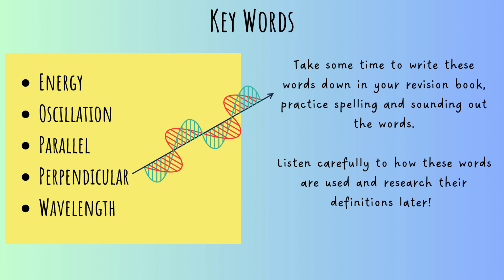You can research their definitions later. In particular, practice with oscillation, parallel, and perpendicular. These are three difficult to spell words which are infrequently used and have very specific definitions, which we'll explore later.